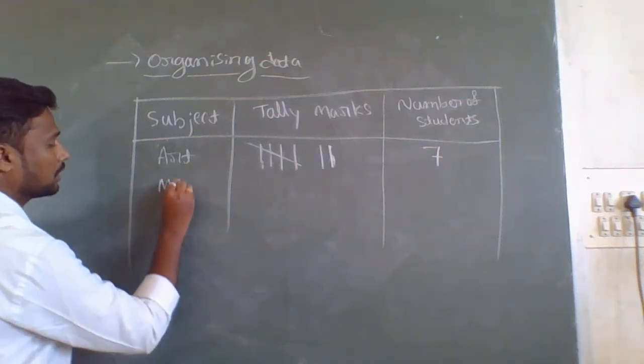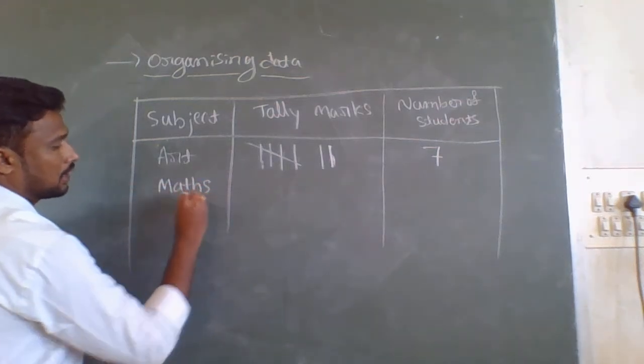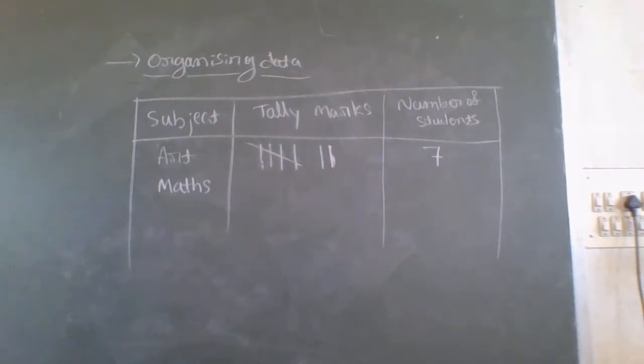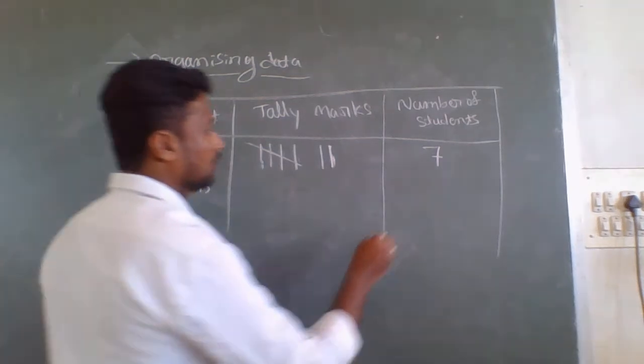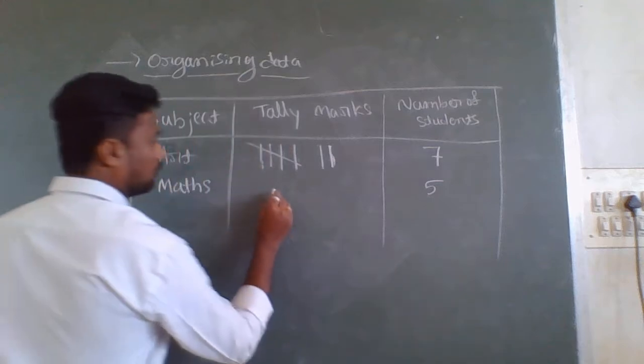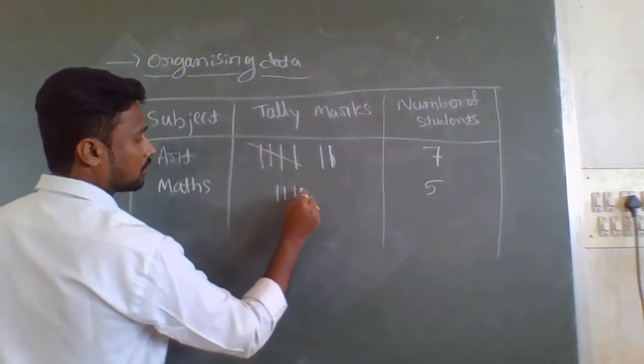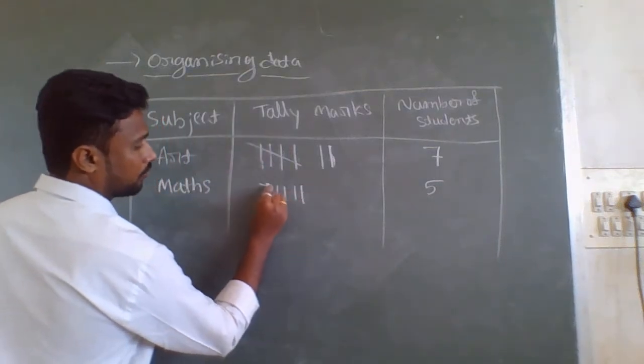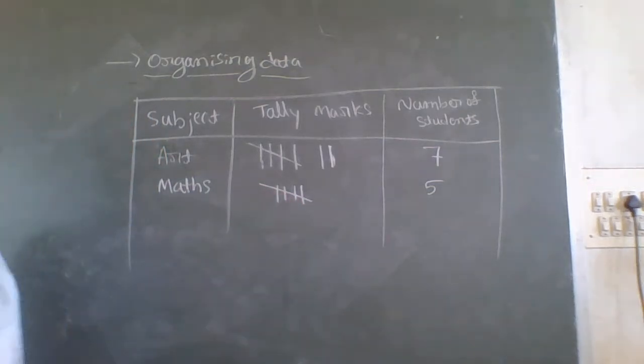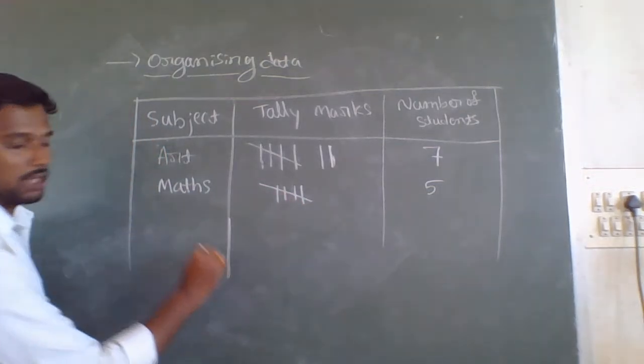Next subject is mathematics. Here I will write maths, and the number of students is 5. To represent 5 in tally marks, we draw 1, 2, 3, 4, and for the fifth one cross mark.